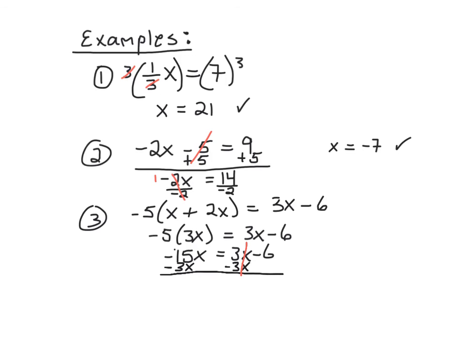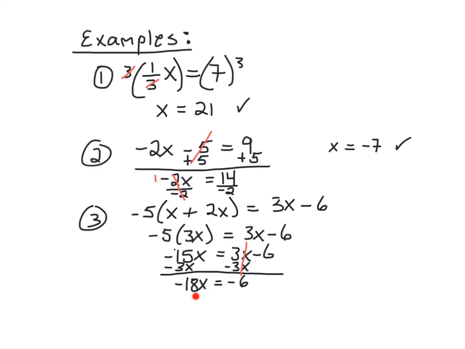Over here, these cancel, and I'm left with simply negative 6 on that side. On the left side, got negative 15x minus 3x. Well, that gives me negative 18x when I combine those. That's all step 2. I moved my variable term from this side to that side, combining them. Now we've got it on one side of the equation.